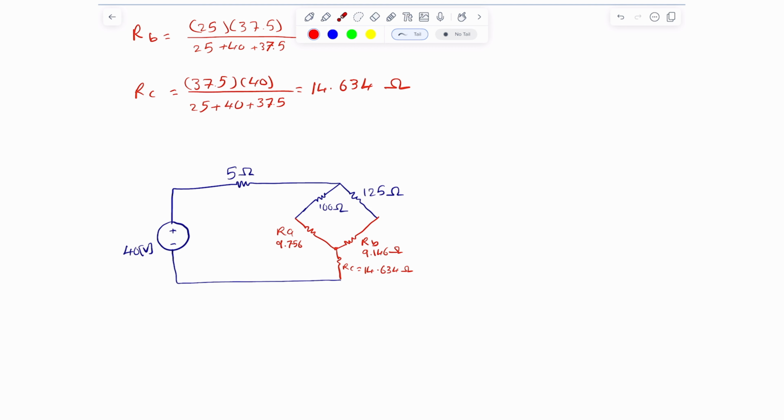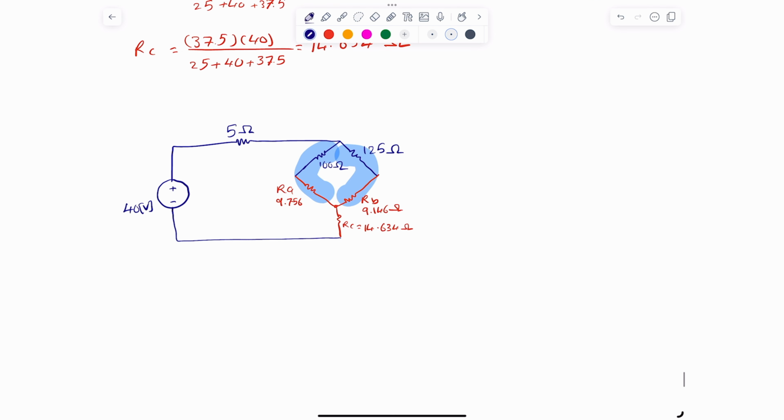We can simply say that these two and these two are in series, and then those two become in parallel, and then in series with the RC and the 5, and we'll be able to compute the value of the equivalent resistor. So let me just do that from there. Let me combine it one step at a time.